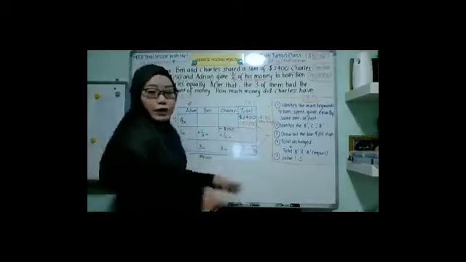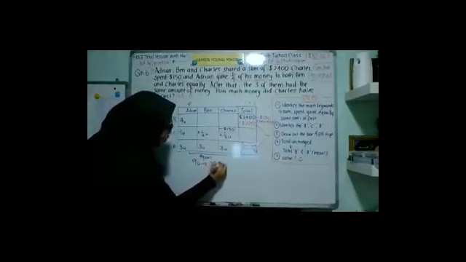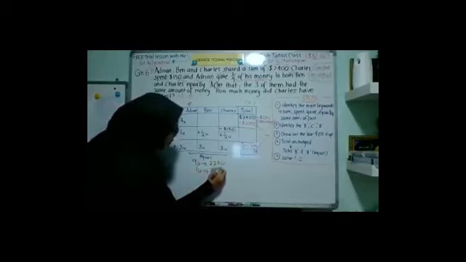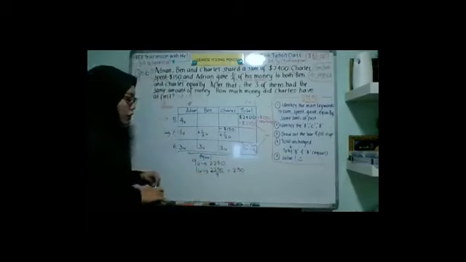The before and after is equal. So if I were to rewrite here, I have 9 units represent 2250. 1 unit is 2250 divided by 9 equals 250. My 1 unit is $250.